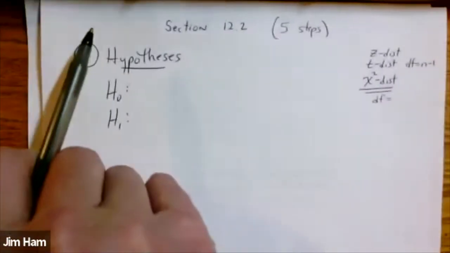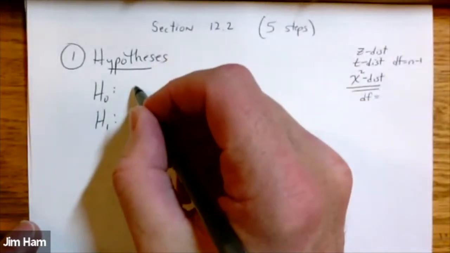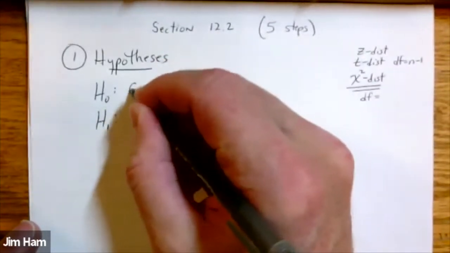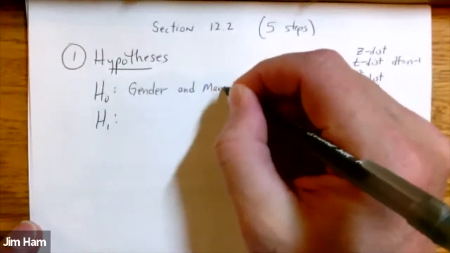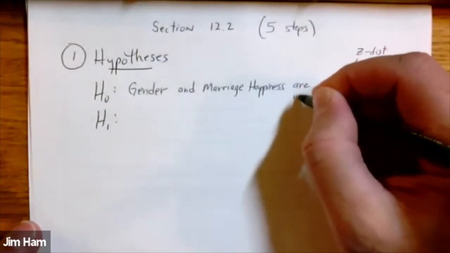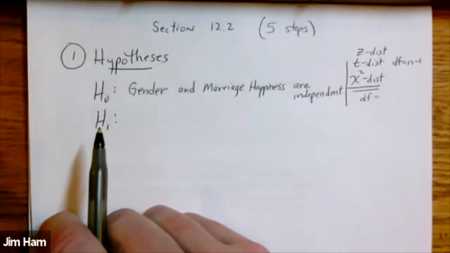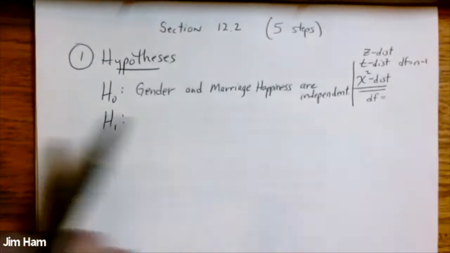So in our case, we're going to say variable 1, which is gender, and variable 2, which is marriage happiness, are independent. Now, in this context, independent means that there's no relationship. Our null hypothesis is always a statement of no difference.